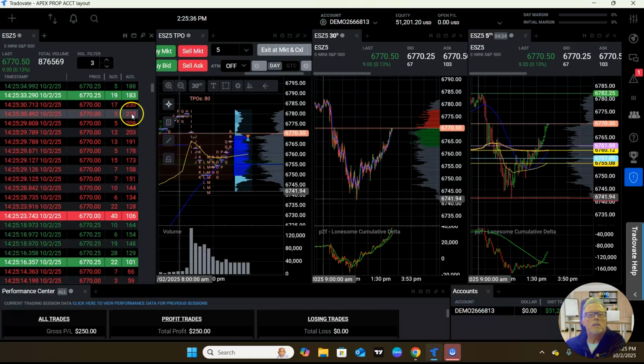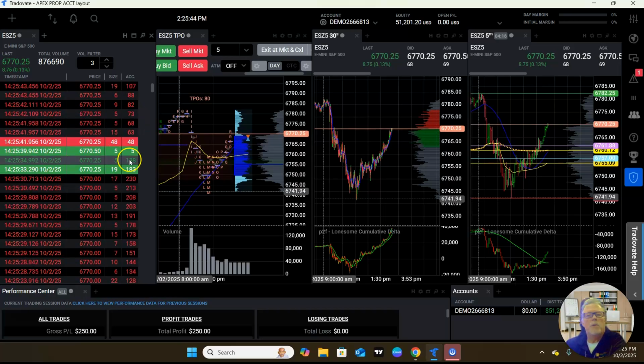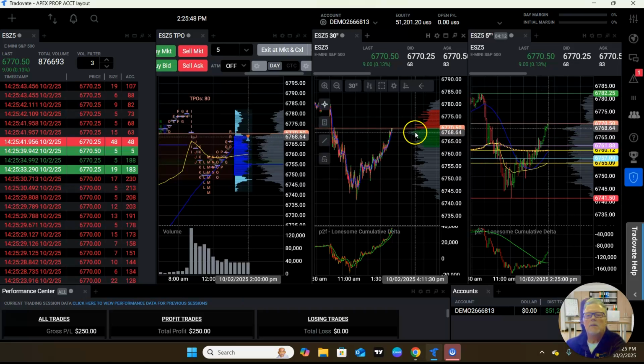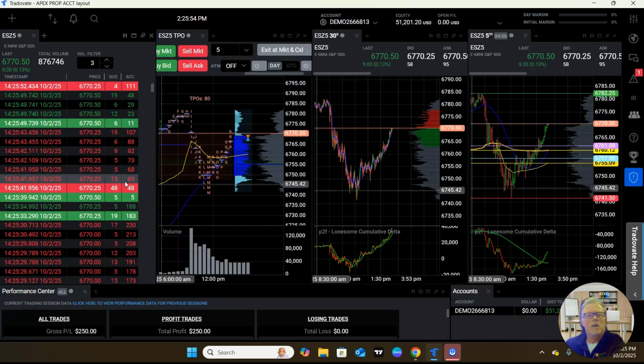At that point, 230 contracts just came in here and the price didn't move. So I've got a lot of sellers trying to move the price down, but somebody there is just taking those in. It's called absorption, and you'll learn about that as well as we go.